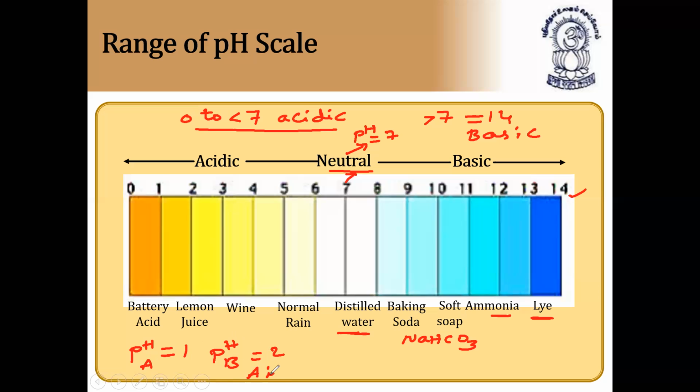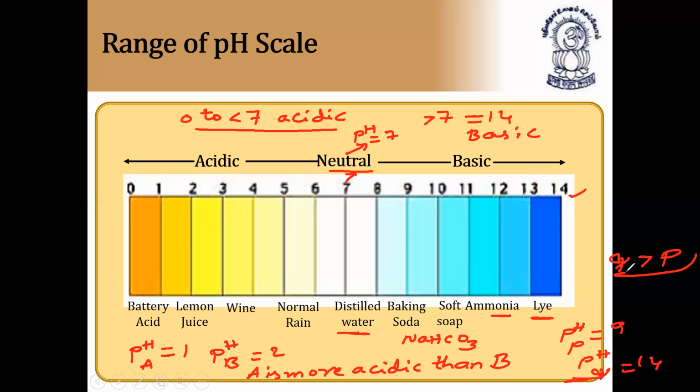A is more acidic than B. Similarly, if the pH of a substance P is equal to 9 and the pH of Q is equal to 14, for example, then Q is more basic than P. So in this way, we'll compare pH values.